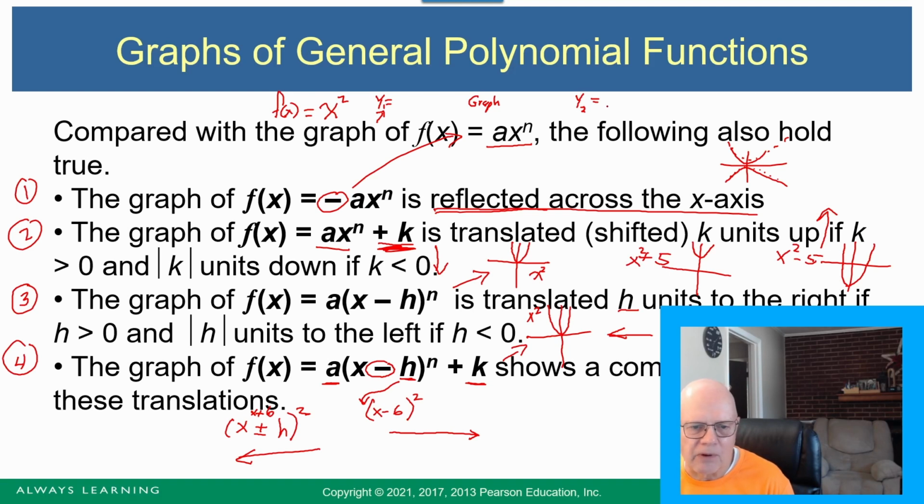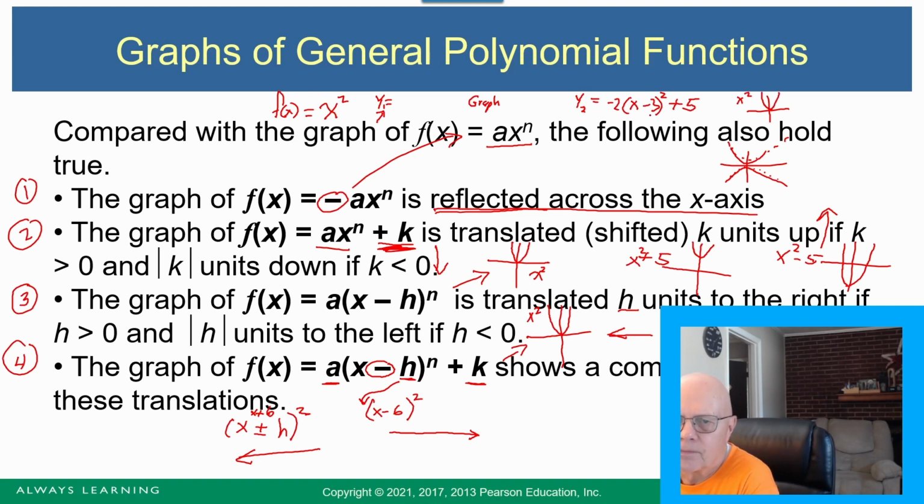So for example, if we look at that last one, maybe we would have a negative 2 and then x minus 3 squared plus 5, let's say. Now what's that going to do? First of all, the x squared would look like this.